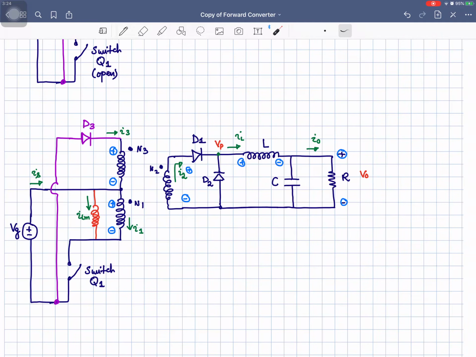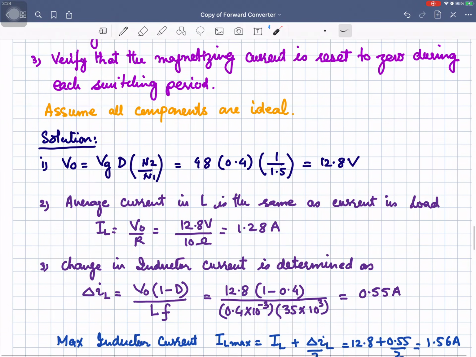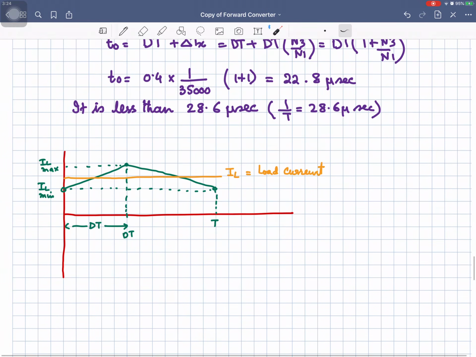So, average current will go through your resistance, the high frequency current will pass through your capacitor. So, load average current is your inductor average current, right. So, inductor average current will be equal to your load average current. So, that is shown over here.